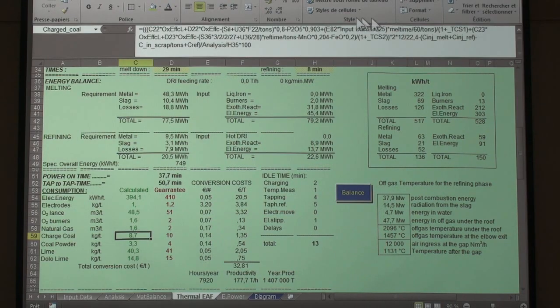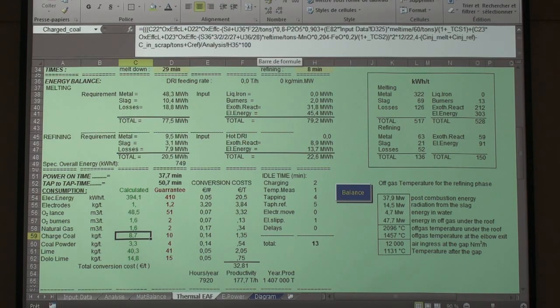So, because it's flow rates here, you have to multiply by the melting time divided by 60 to have it in hours and tons. Okay? All right. So this is oxygen.